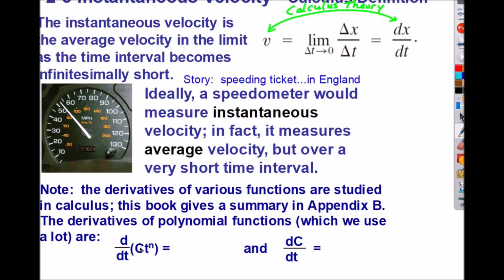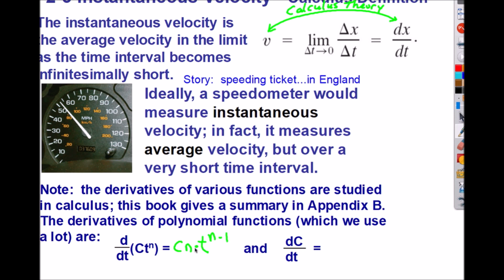The derivative of polynomial functions, which we use a lot, is fairly straightforward. Maybe this is getting a little bit ahead of the calculus course if you're taking it now for the first time. But if I can write position as a function of time, as shown here, and I want to take the derivative of that position with respect to time, if I have a constant times t to the nth power, the derivative is simply c times n times t to the n minus 1.